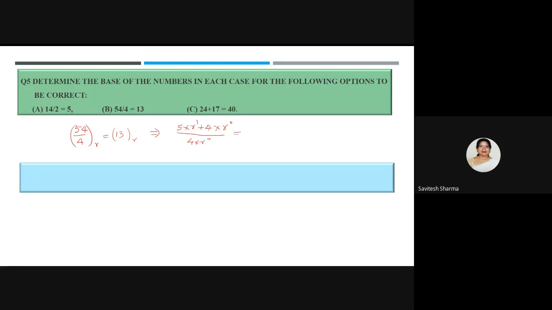Here it is 1, 3. So you cannot write 13 into R to the power 0. You will apply the expansion formula here: R to the power 1 plus 3 R to the power 0. So you will get (5R plus 4) upon 4 equals R plus 3.